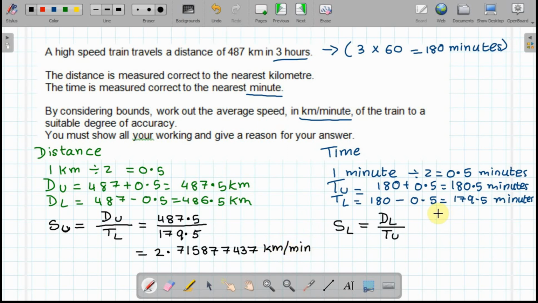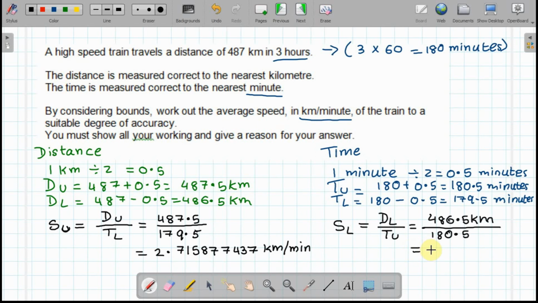Okay, let's find the lower bound. So the distance lower bound is 486.5 kilometers divided by the time upper bound, which is 180.5 minutes.